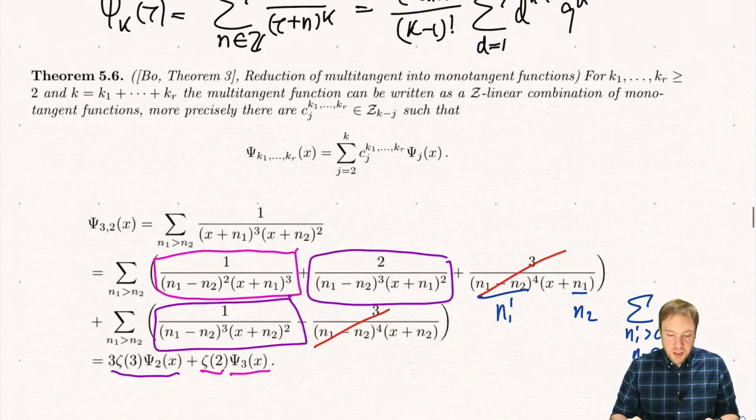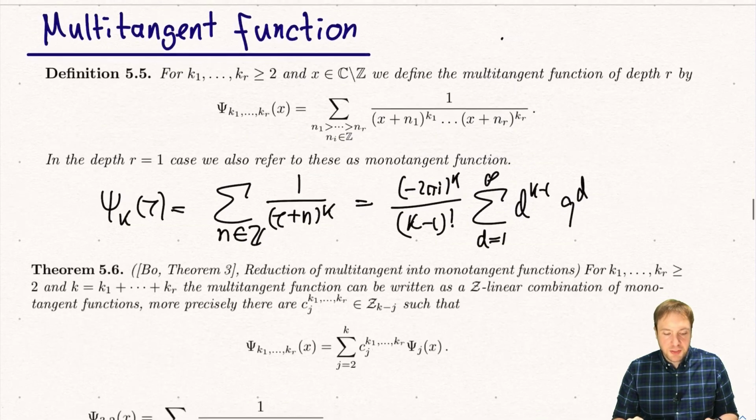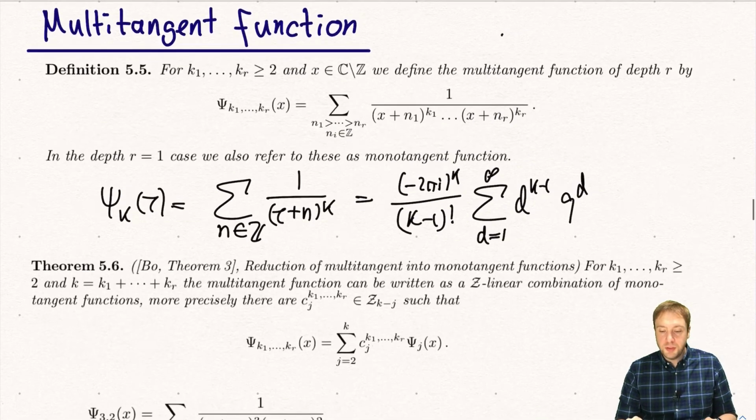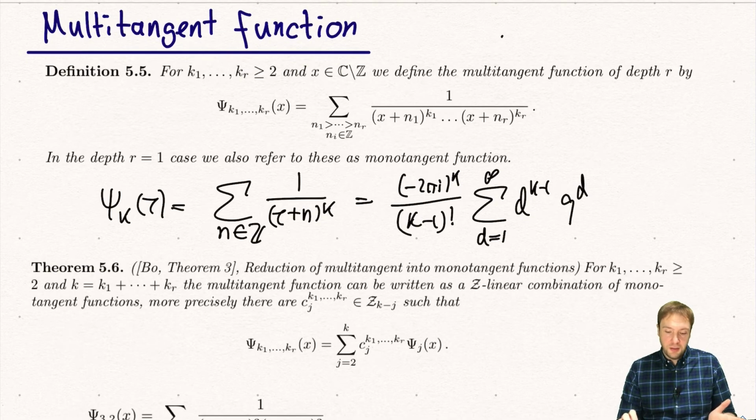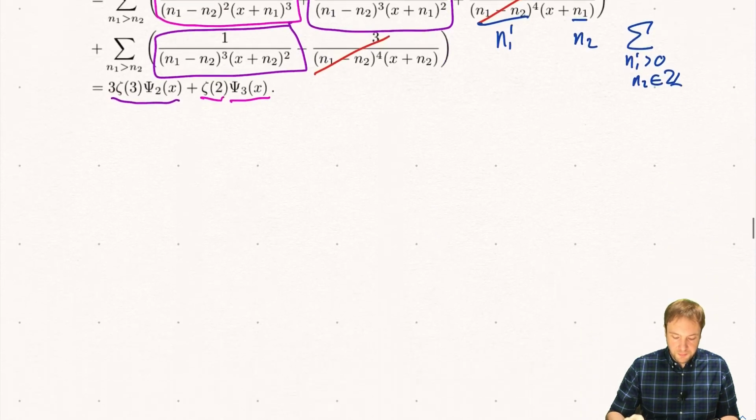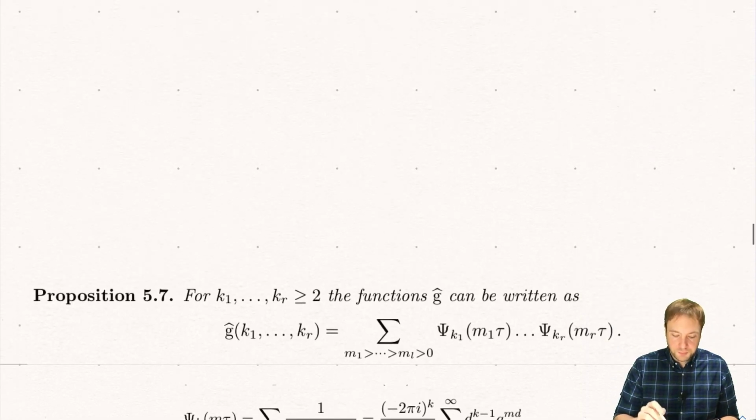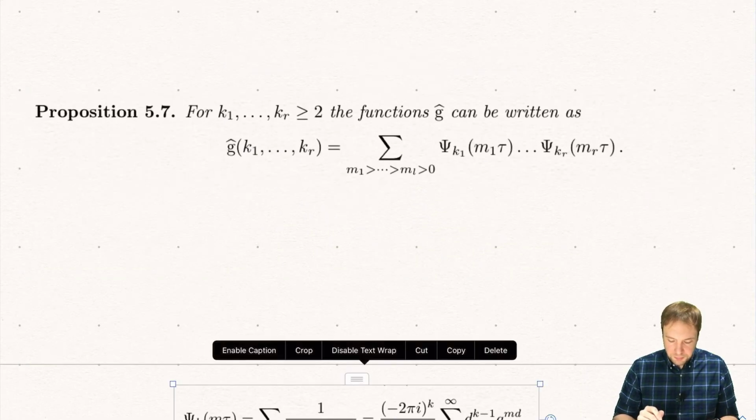Okay, so now what is the connection of these multitangent or these monotangent functions to our Q series G hat? So this is given by the following theorem, or proposition.